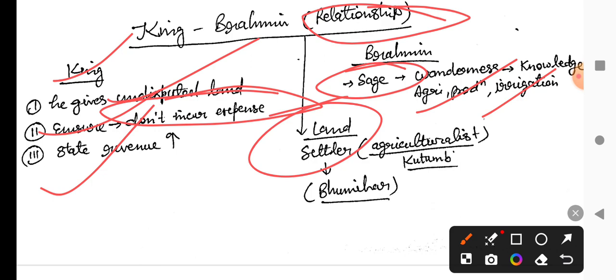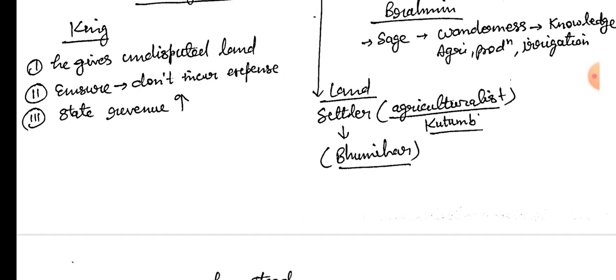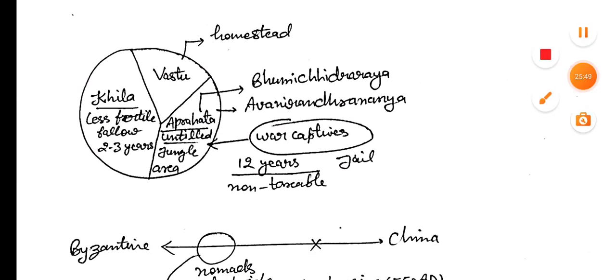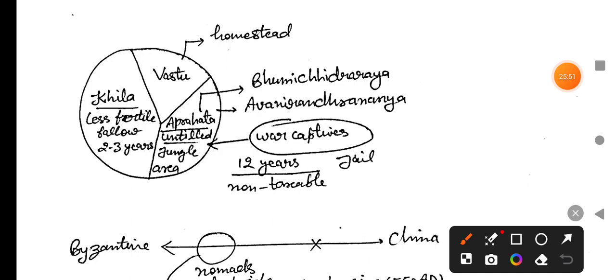Land settlers, that means agriculturists, kutumb, okay. And they were bhumihar Brahmins. These are settlers and they were known as bhumihar Brahmins. Bhumihar land was divided into three types: khila, vastu, aprahat, okay. Khila means less fertile fallow, which means this land will not be cultivated for 2 to 3 years.